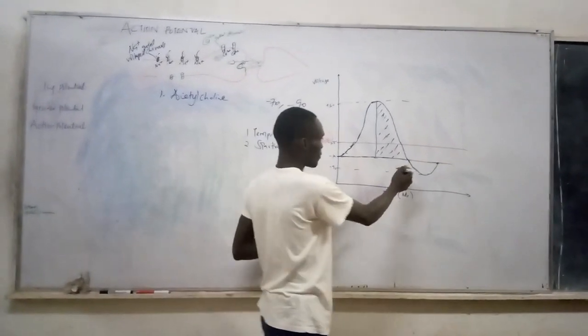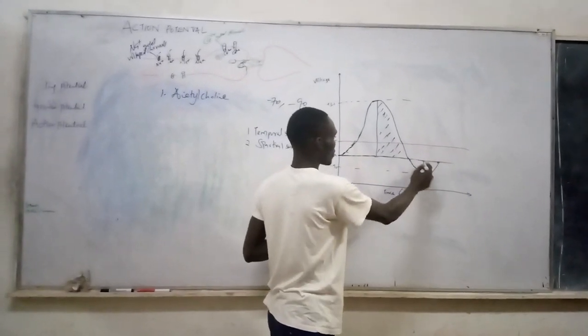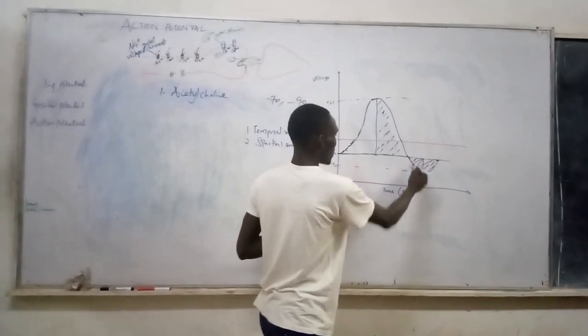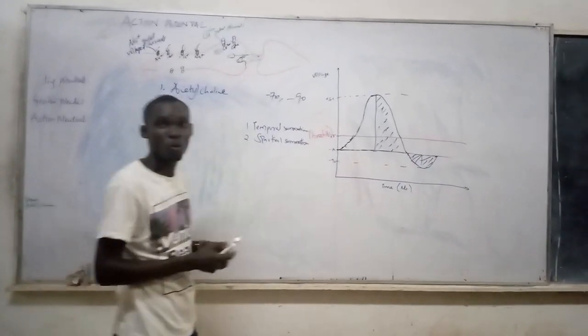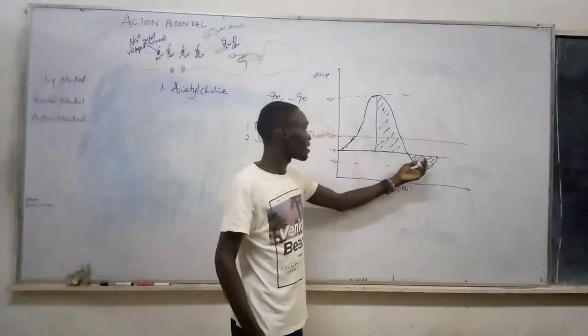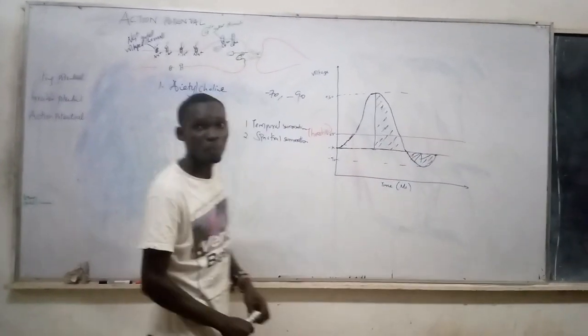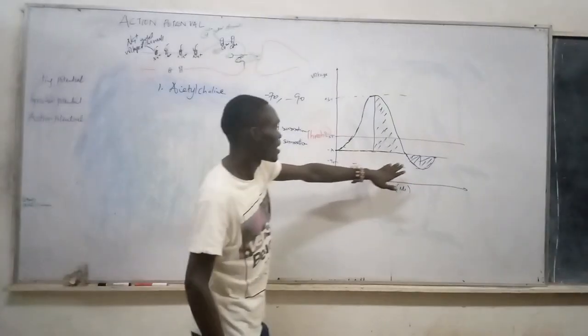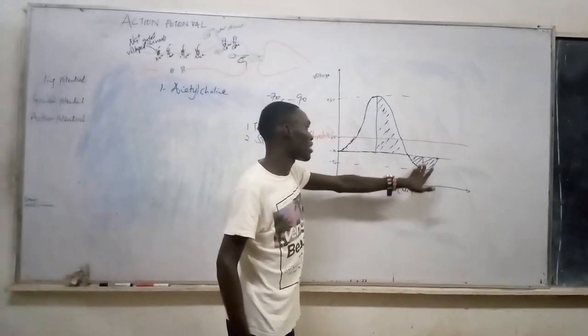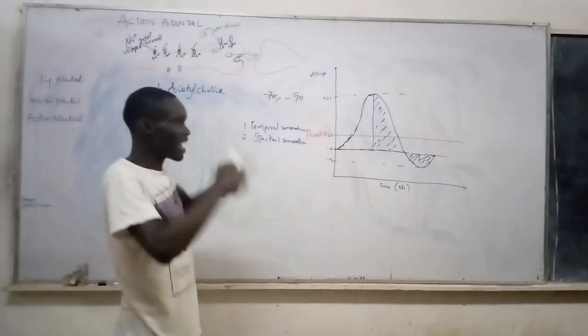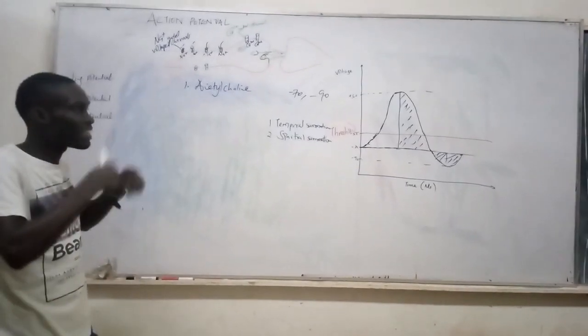But at this stage, the membrane can be stimulated once more. We call this phase the relative refractory period, since the membrane of the neuron can be stimulated to start sending another signal.